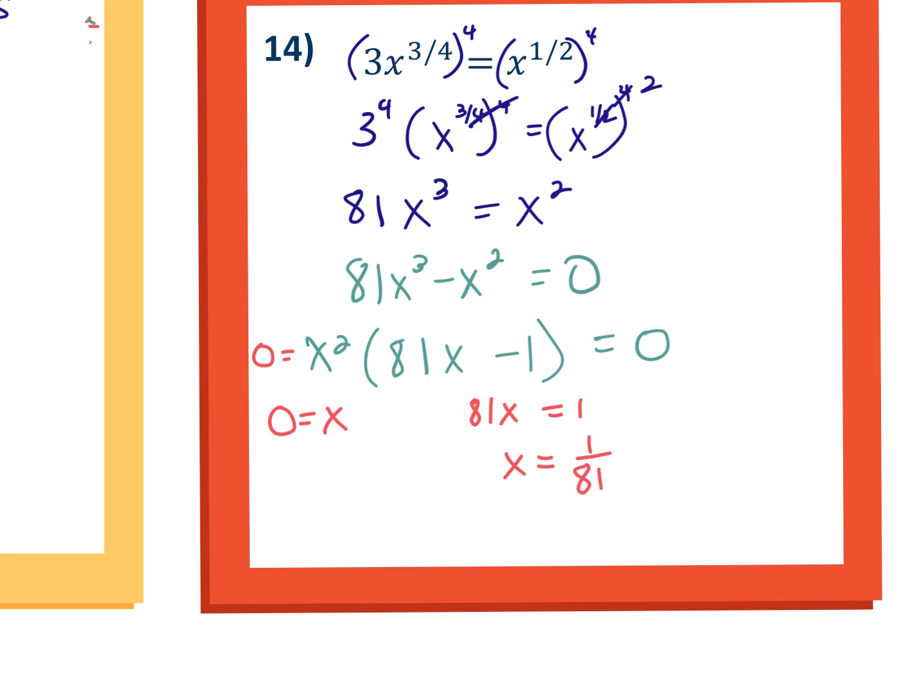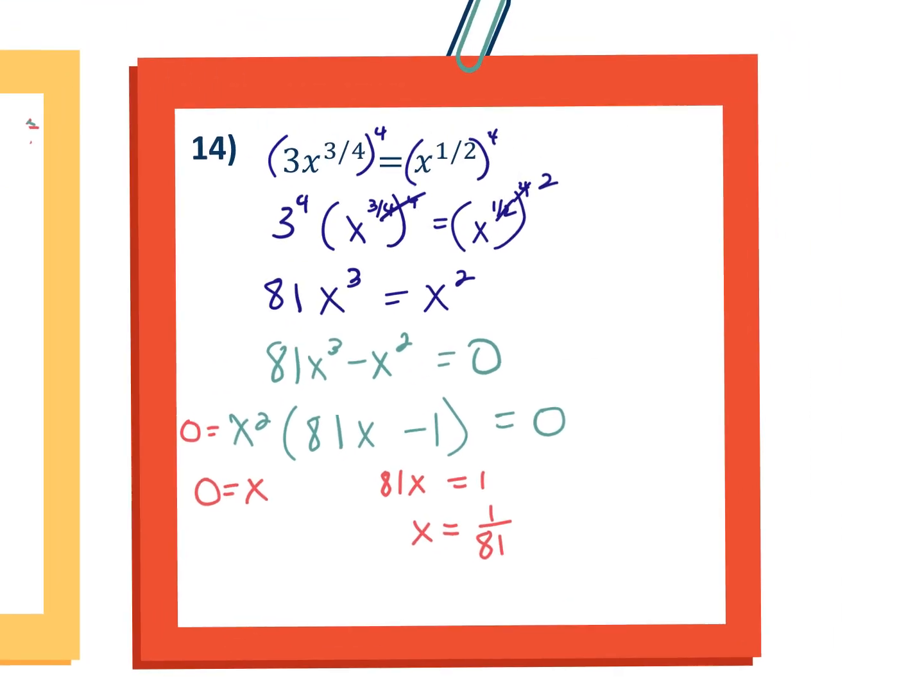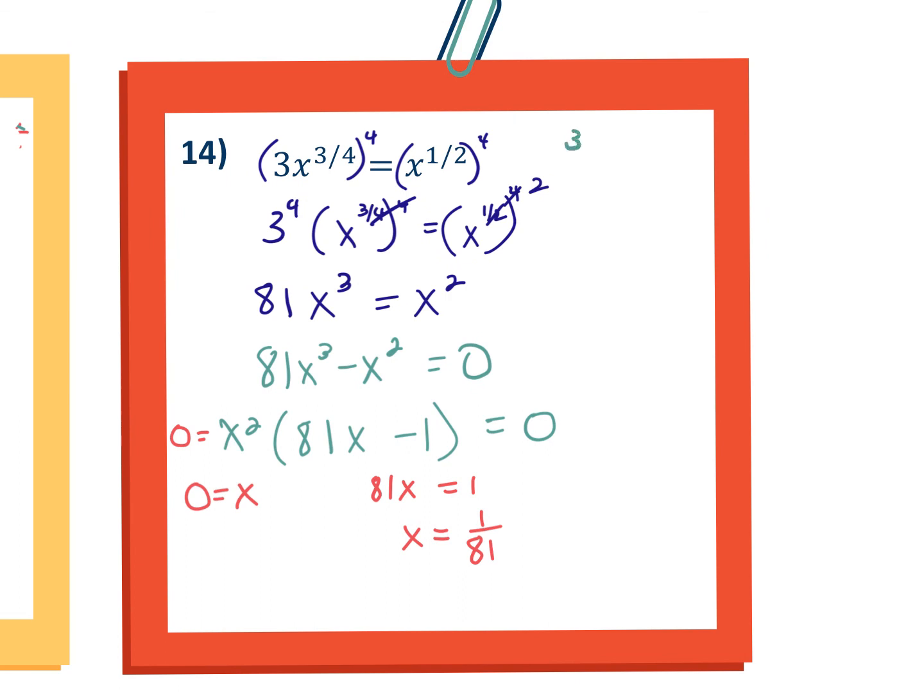And then my original question had an even denominator, so you have to check. So 3 times 0 to the 3/4 equals 0 to the 1/2. This one's easy. 0 does equal 0, so that works. 3 times 1/81 to the 3/4 equals 1/81 to the 1/2.